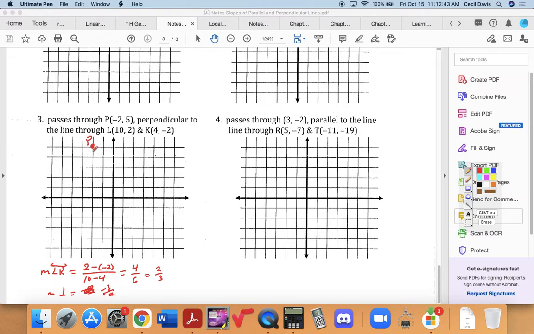So from here, we'll go down 3 and to the right 2. And especially if I'm doing this without a ruler, I just keep going till I get near the edge. And it looks something like that.